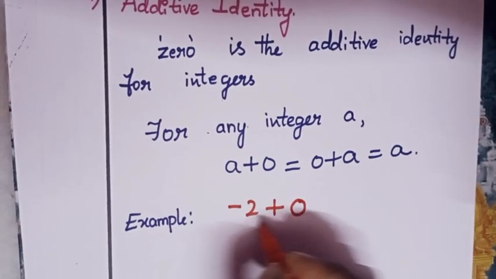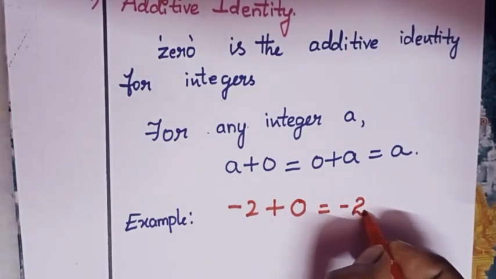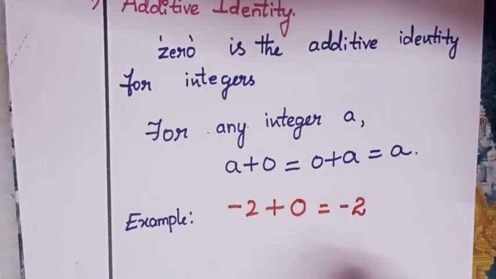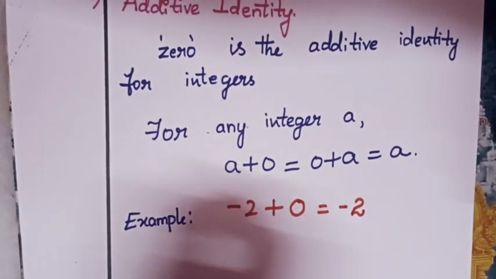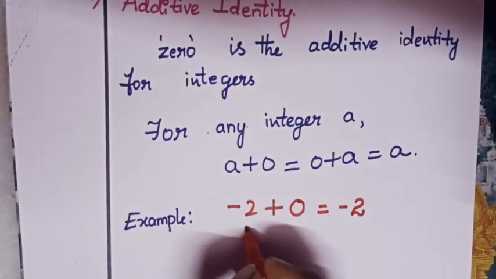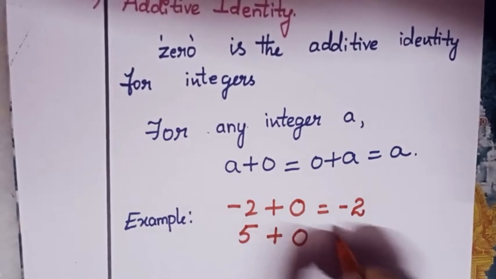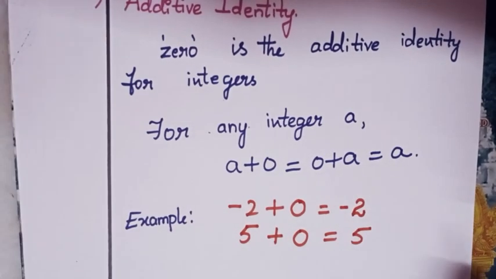So, minus 2 plus 0. So, how much will we get? Minus 2. So, for any integer, if you add 0, we get the same integer. Suppose we take a positive integer. 5 plus 0, that is 5. Now you got and understood, children.